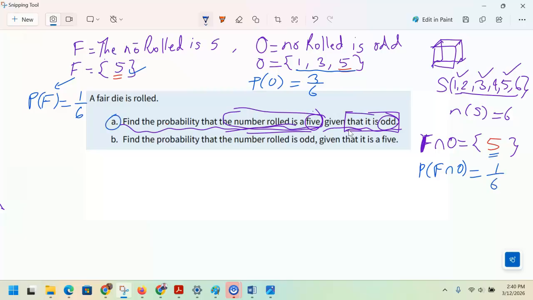So the question asks: find the probability that the number rolled is 5, given that it is odd. We are going to use the general conditional probability formula.